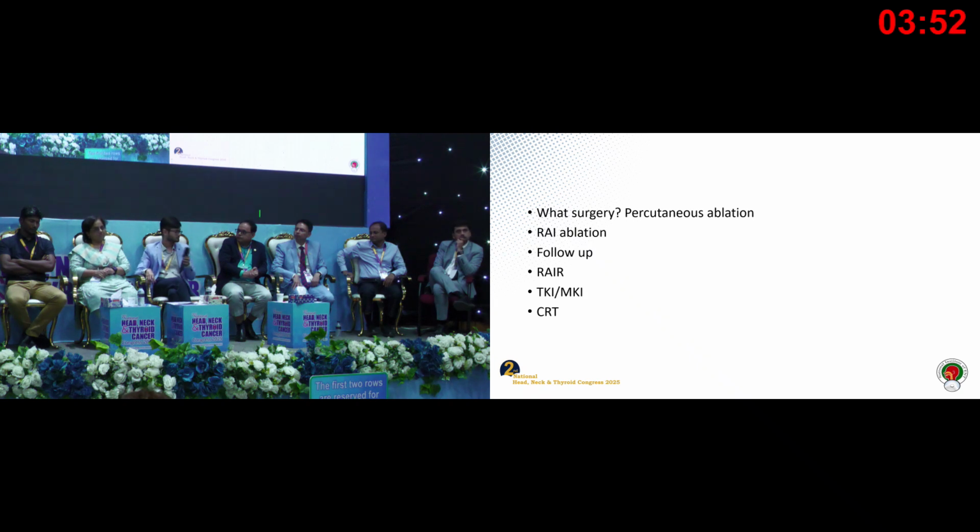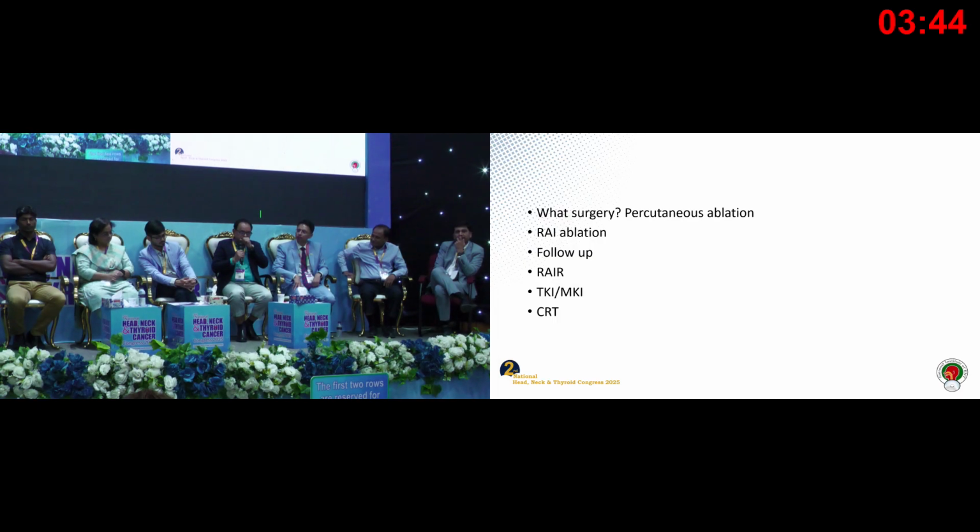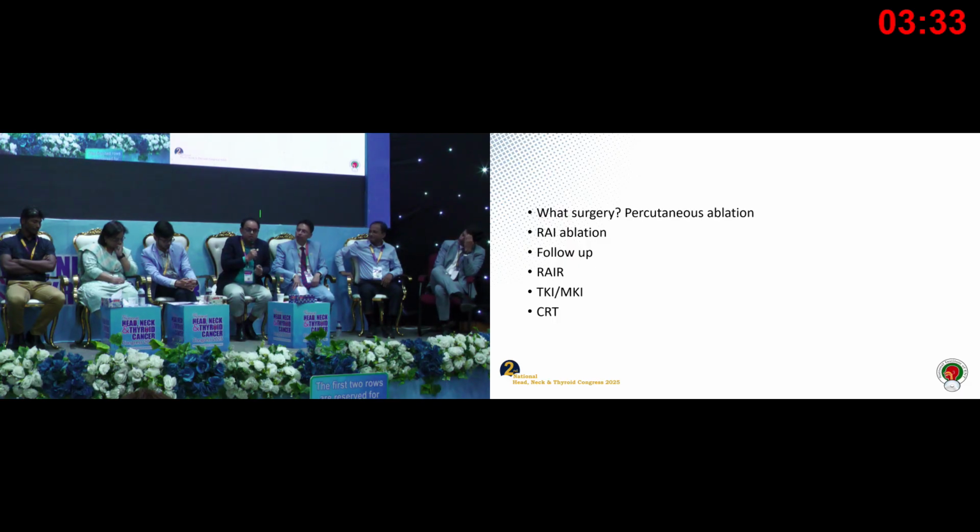Small question. What are the patients who are good candidates for radioactive iodine ablation? We have a study in NINMAS in the last 5 years. The low risk patients, because I think this is the initial information for the ENT head and neck specialist.